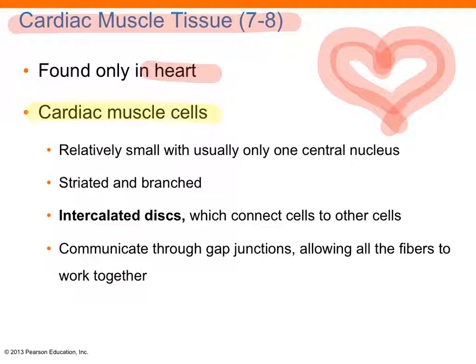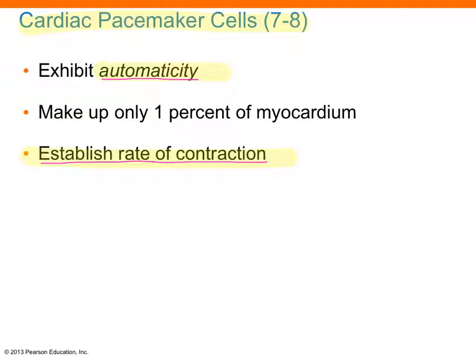Now, cardiac muscle is found only in the heart, and they are cardiac muscle cells. They have something called intercalated discs, which connect the cells to each other. They also communicate through gap junctions, allowing the fibers to work together. Cardiac muscle cells exhibit automaticity.